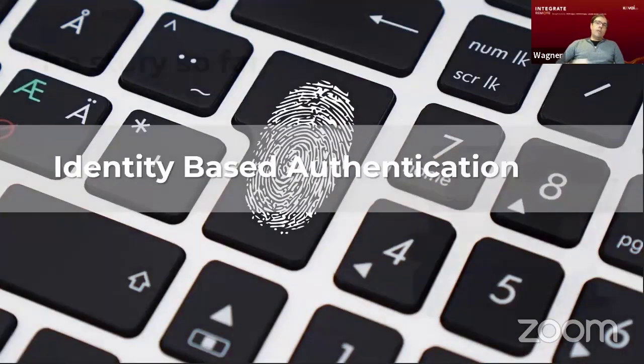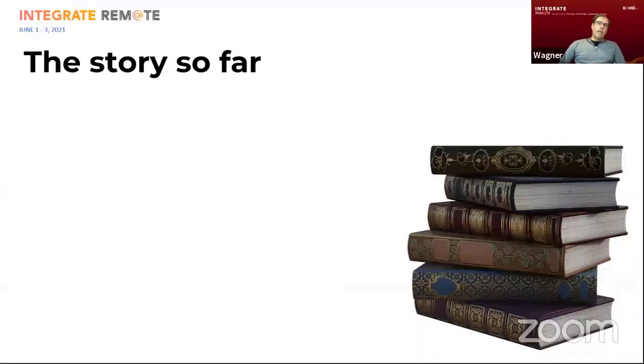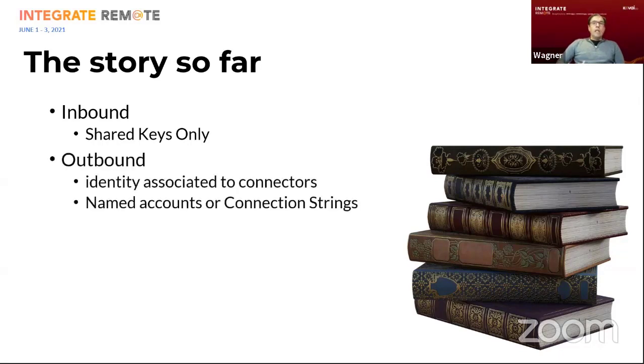What is the story so far? The story before is that for any kind of inbound security, when you needed to call a Logic App specifically, the only type of security that you had was the shared keys, unless you hid the Logic Apps in front of API Management. Then from an outbound point of view, you had the ability to have identity associated to connectors, but the identity belonged to each one of the connectors.